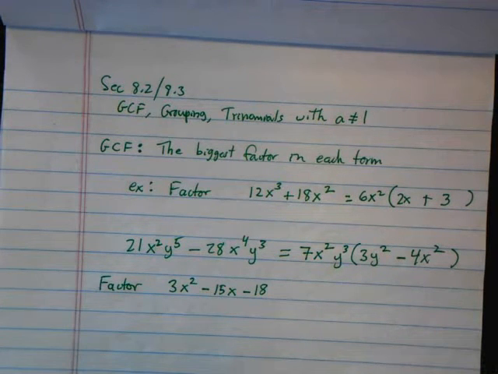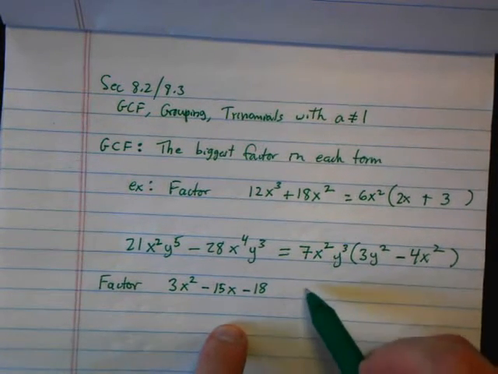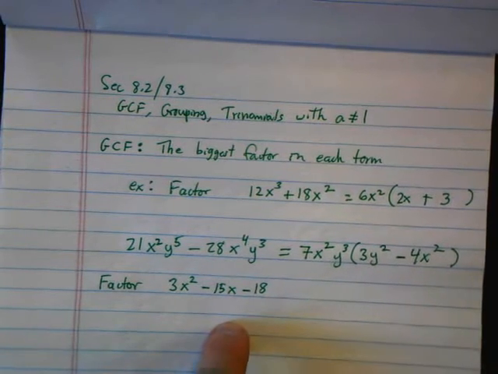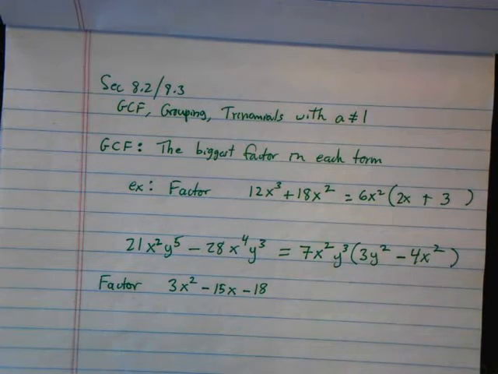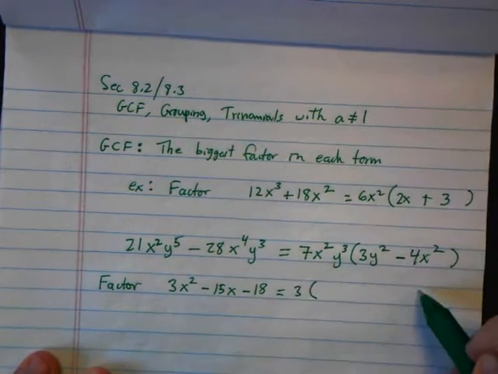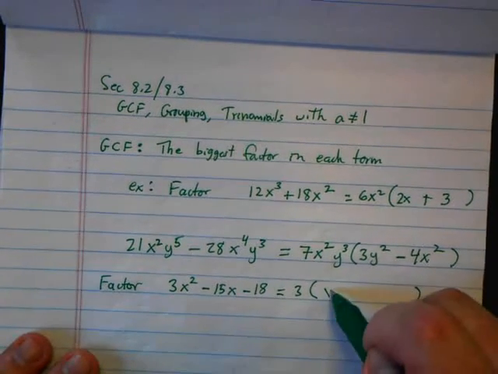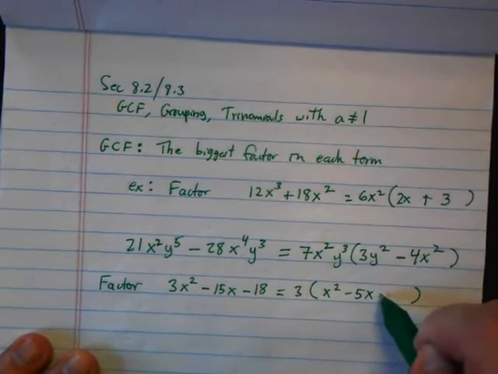Well, not divide by 3, but you're close. 3 is the greatest common factor. So you can't just divide by 3 because it's not an equation. If I had equals 0 over here, then we could divide both sides by 3. But it's not an equation. It's just an expression. But there is a common factor of 3. So we take the 3 out. What's left over? X squared minus 5x minus 6.